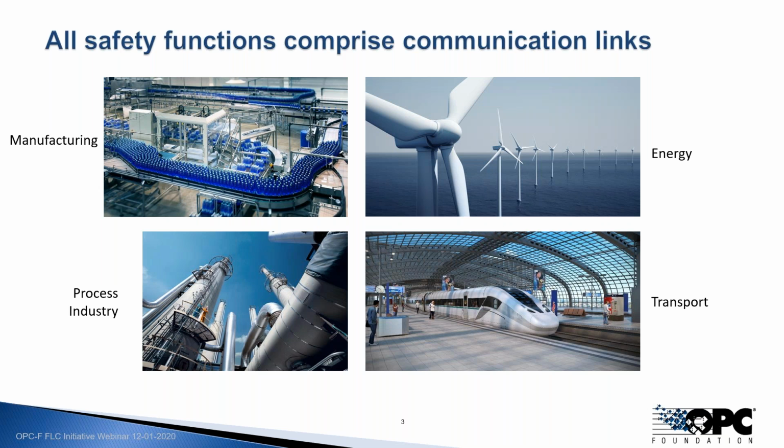For example, the wind turbine: if the wind is blowing too strong and it moves too fast, this has to be detected, and then brakes have to be enabled to stop the movement of the turbine, because otherwise this would be dangerous. If it is running too fast, the whole system could break and things would be flying around, and this would be very dangerous.